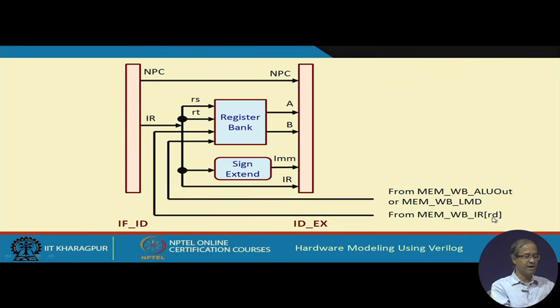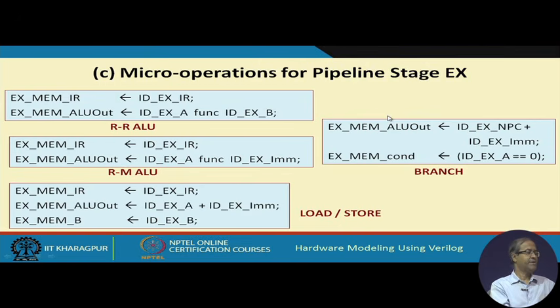This will be either RD or RT. Although I have written RD, this can be RT also depending on the type of instruction. Okay, this is how it will be in this stage.